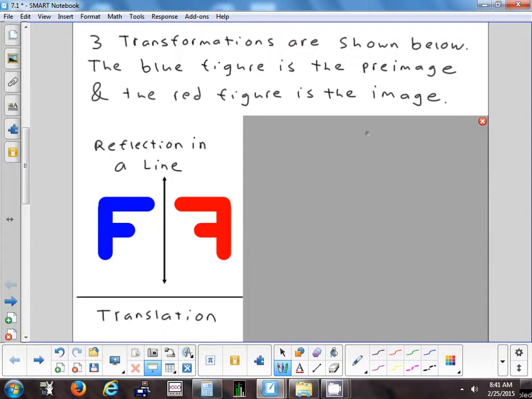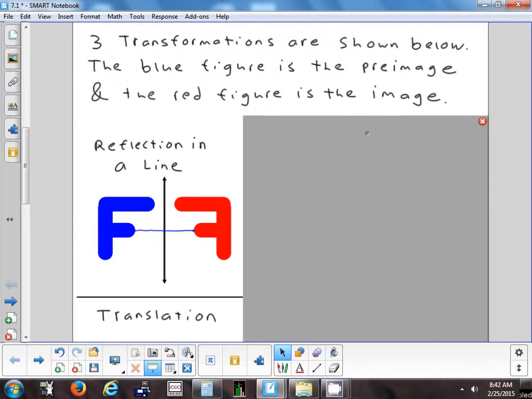In fact, if you picked any point on the pre-image, say the tip of the lower part of that F, and you measured to the line of reflection, and then you picked the tip of the lower part of the red F and measured that distance, what do you think those two distances should be? They should be the same. Well, it should be, doesn't mean they are. They always should be. Question everything.